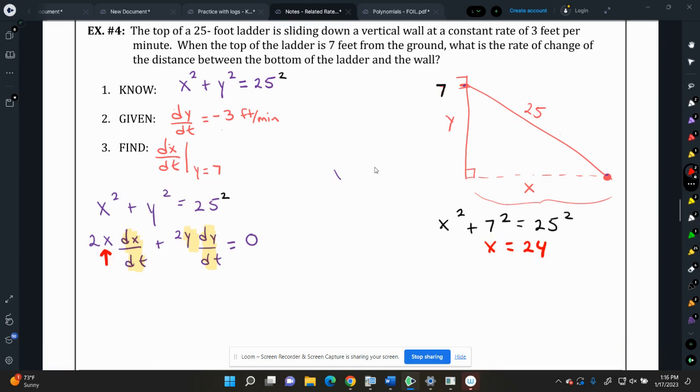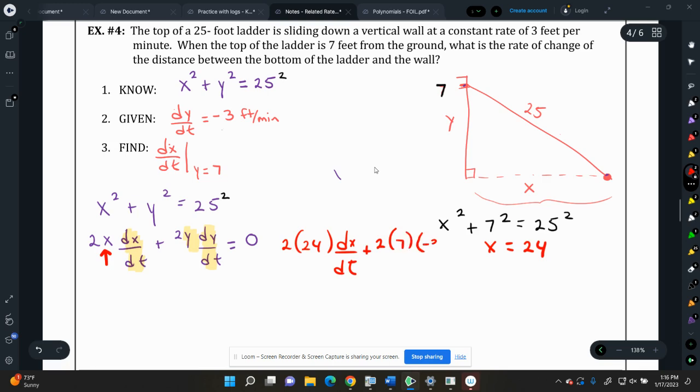Now I can go back and we've got 2 times 24 dx/dt, plus 2 times 7 times negative 3, equals 0.